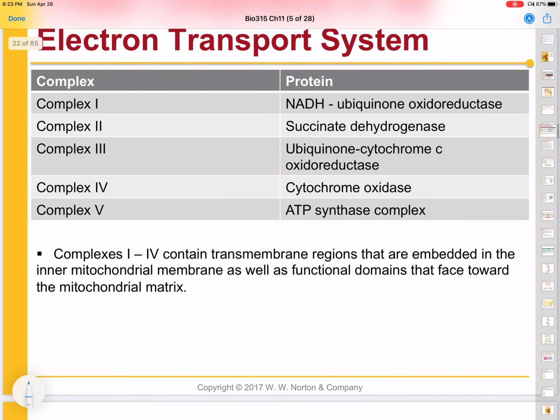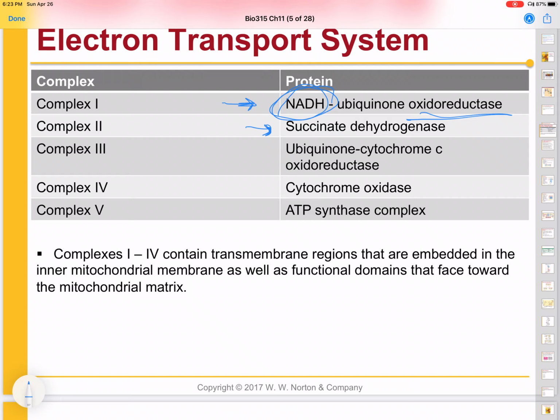Okay, so here are the names of the complexes, and you can tell by the names what they do. I said before, complex 2 is succinate dehydrogenase. Complex 1, NADH ubiquinone oxidoreductase. So what's going on here?